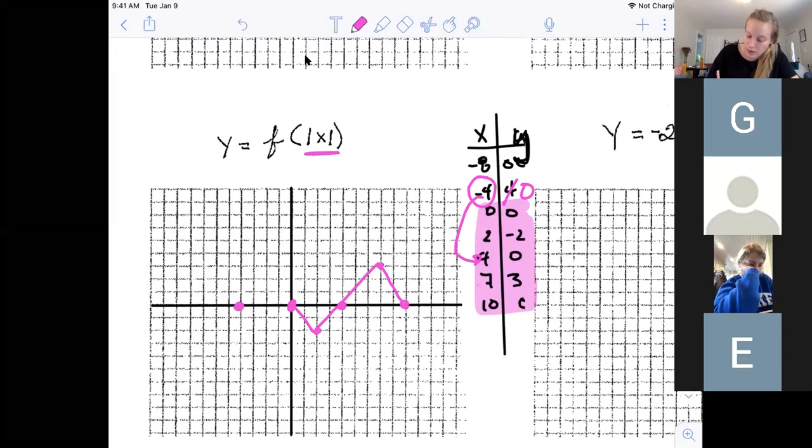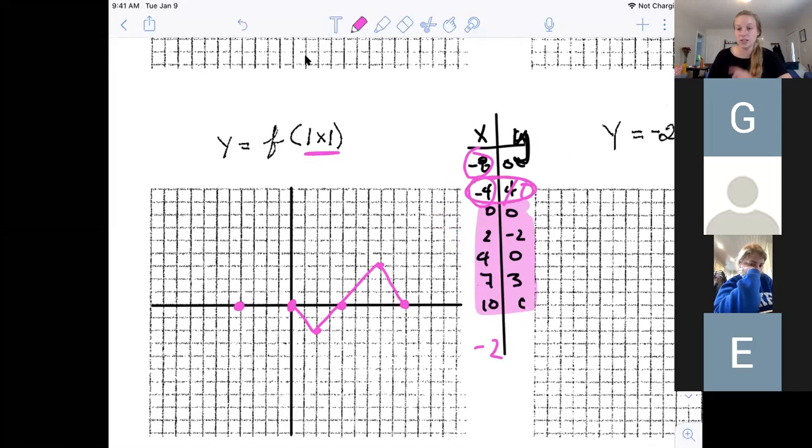And I know my other point is -8, and there's no -8 for us to correspond with. All of the other points are the same. So if I were to plug in a -2, it would match to the +2. If I were to plug in -10, it would match to the +10.